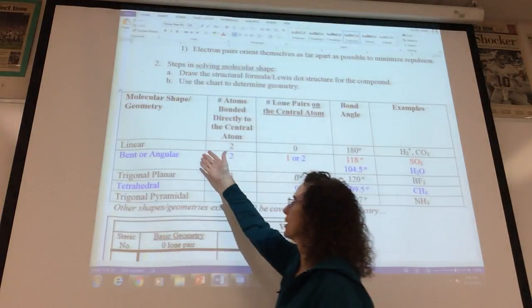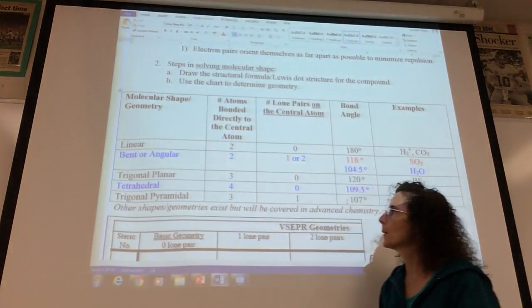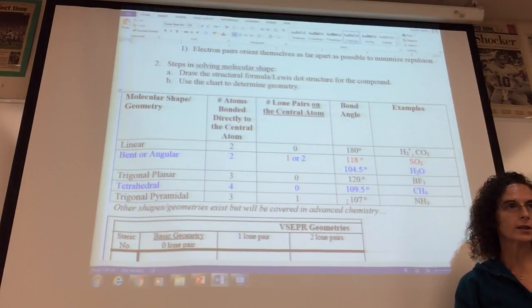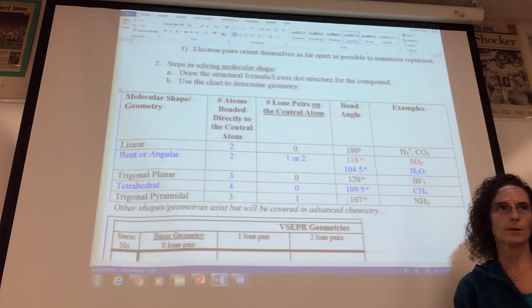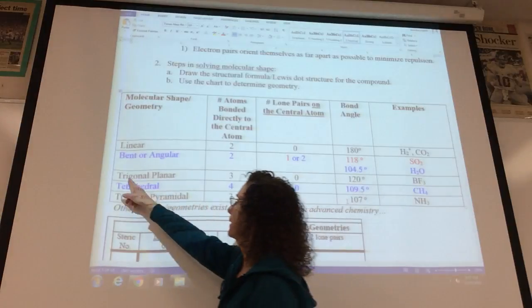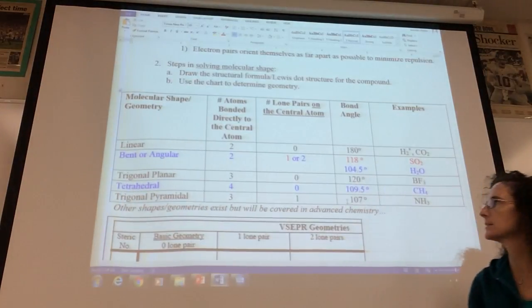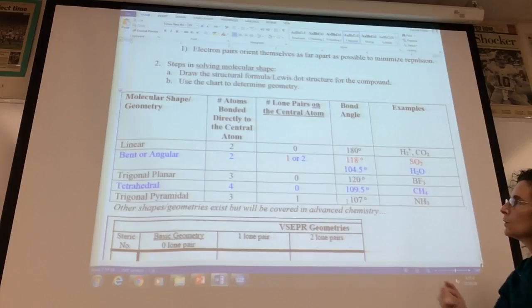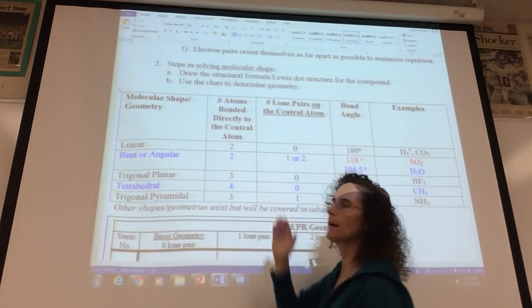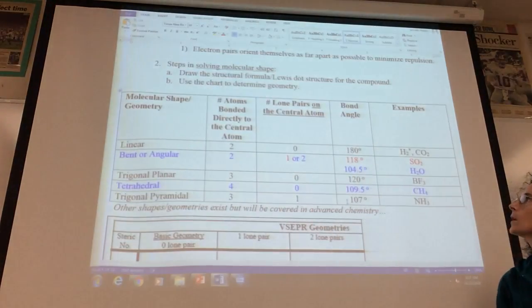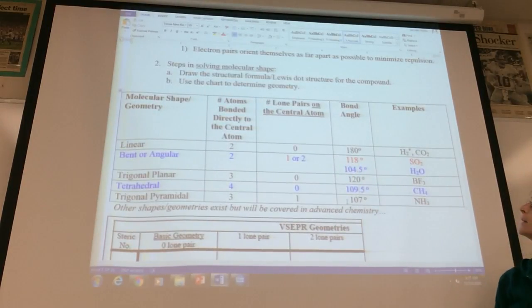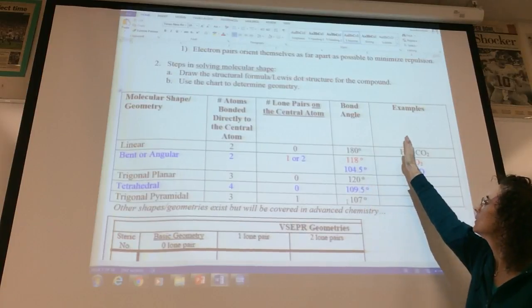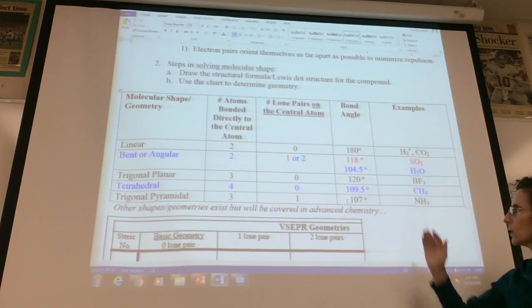We have 5 shapes here: linear, bent, trigonal planar, and the hardest thing about this is the pronunciation, tetrahedral, trigonal pyramidal, tri for 3, tetra for 4, as we discussed the other day. We're going to look at how many atoms are bonded directly to the central atom. We're going to look at how many lone pairs are on the central atom, the bond angle, and finally examples. And we're going to work it backward.